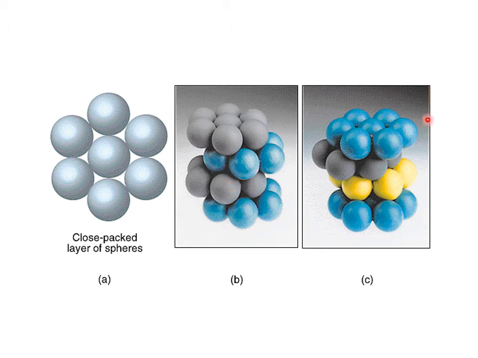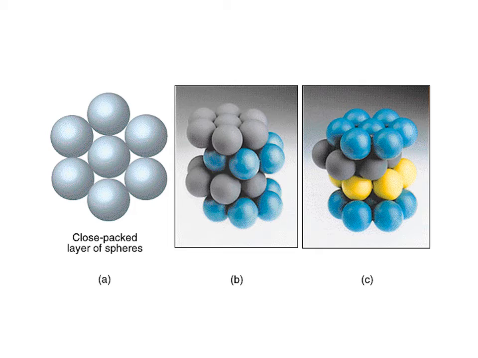For the cubic close packed structure, the second layer here in yellow is offset from the first layer, and the third layer is offset from both the second and the first one. Only the fourth layer lies directly above the first one.